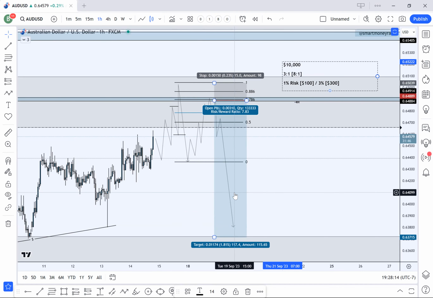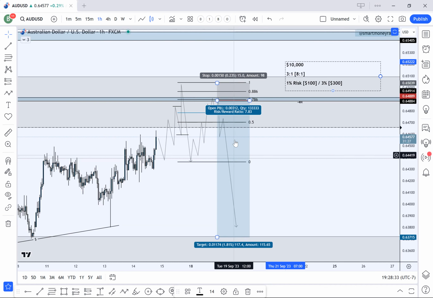pip move. So if I'm using my calculator on my phone to do 117 pips, 0.33 means I'm risking about $3.30 per pip. So that means I'd be risking 100 to make 386, which doesn't seem right. It should be closer to 800.